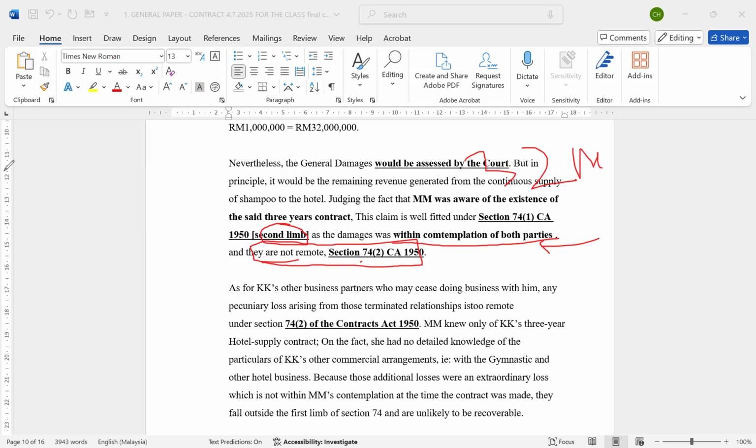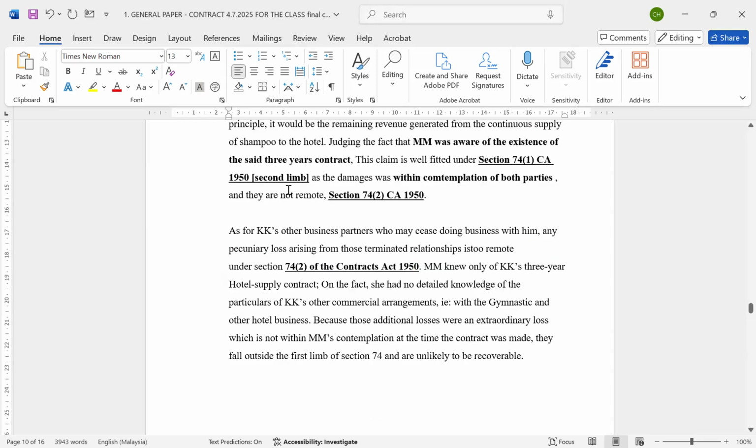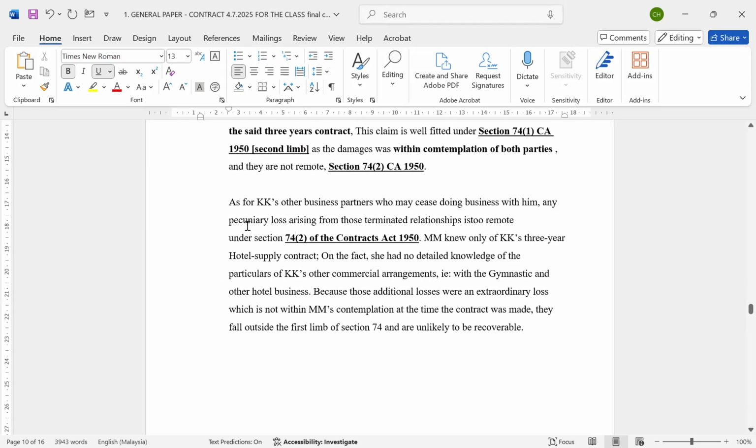And furthermore, if you look at the text itself, other business partners of KK will stop doing business with him, isn't it? So this sort of pecuniary loss, is it too remote?